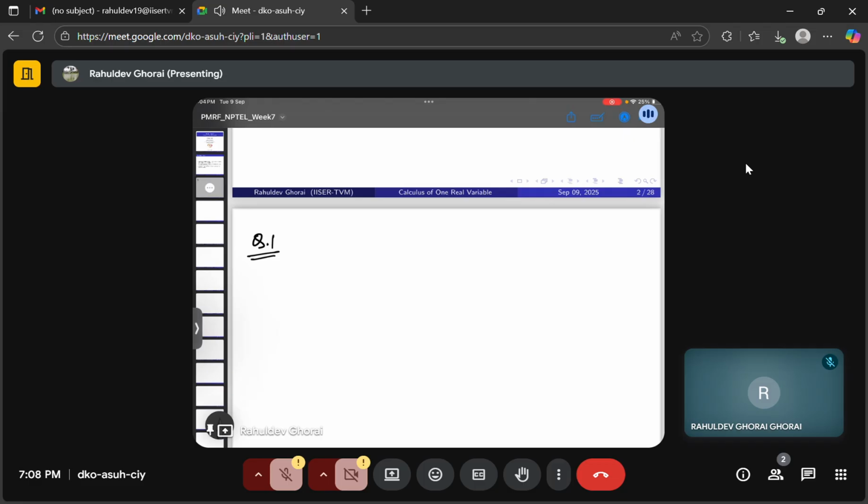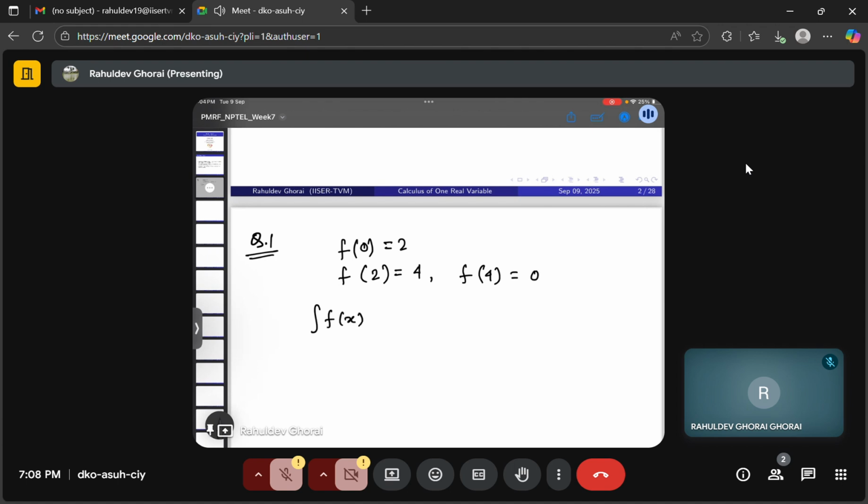Let's say you are given a function whose values are f of 0 is 2, f of 2 is, let's say, 4, and f of 4 is 0, and you need to find the integration value of f(x) using trapezoidal rule in the domain 0 to 4, right? So how to do that?